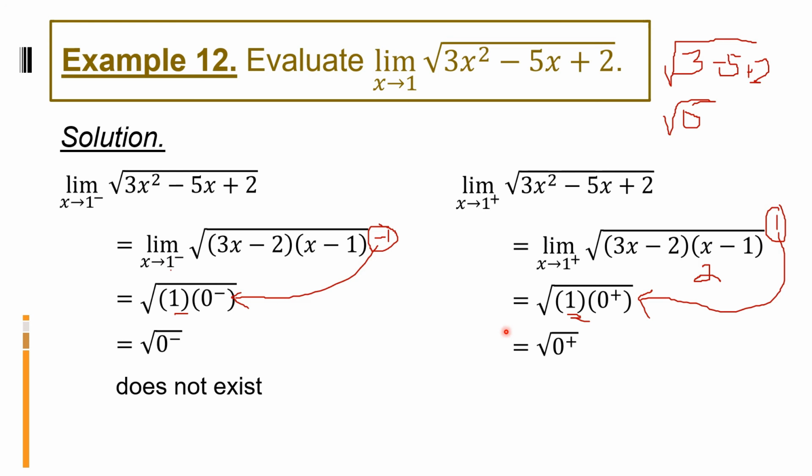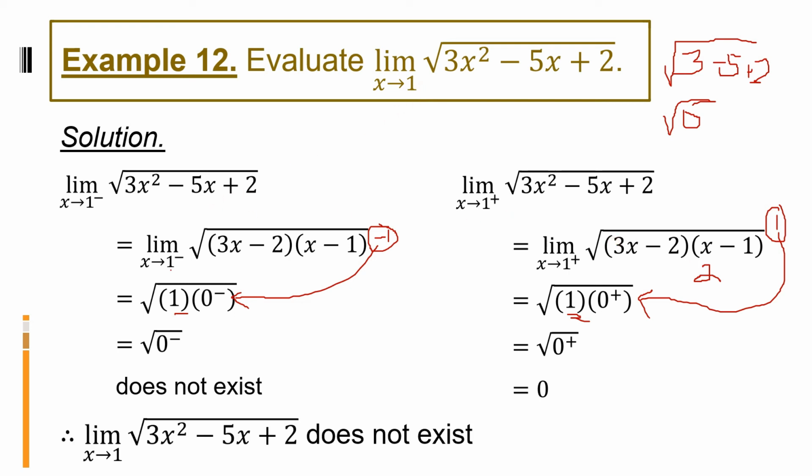So, that is square root of 0 positive. And from theorem number 2, that is just equal to 0. Pero two-sided limits yung hinahanap. And since the left and the right are not equal, then the limit as x approaches 1 of the square root of 3x squared minus 5x plus 2 does not exist.